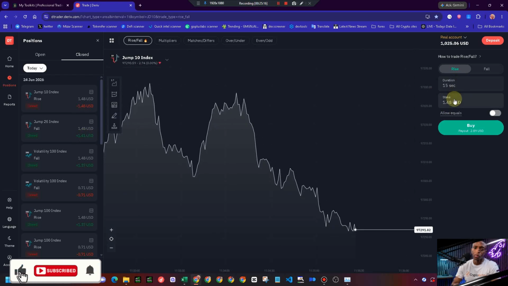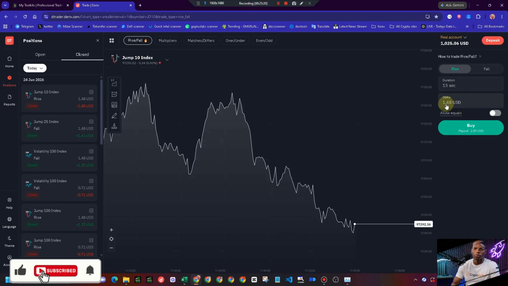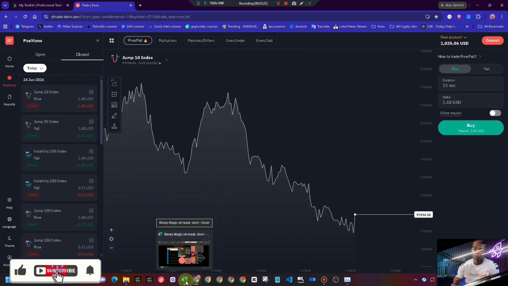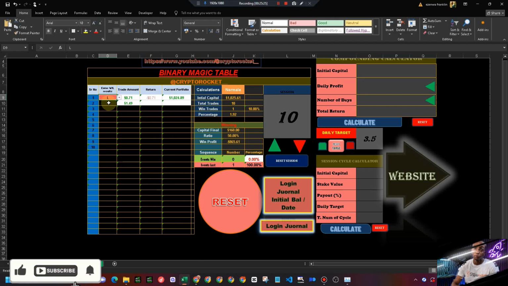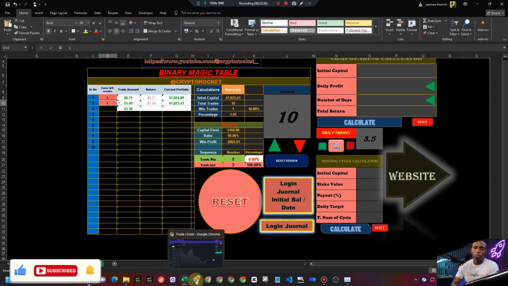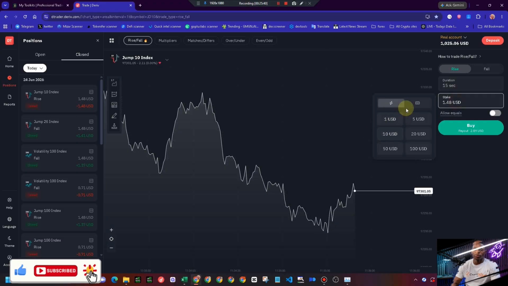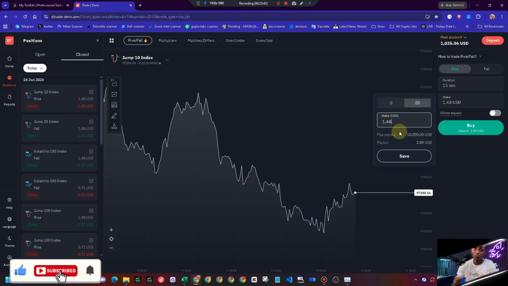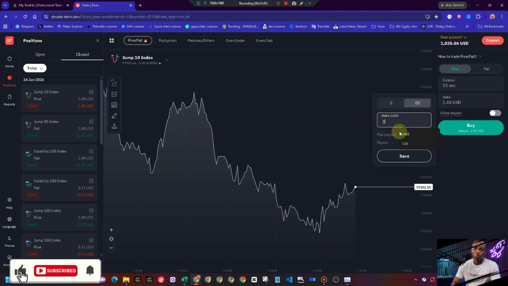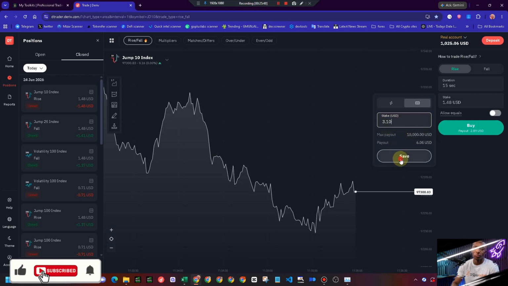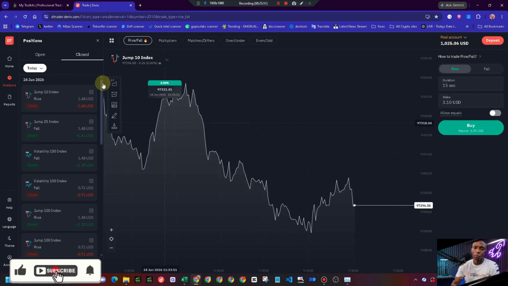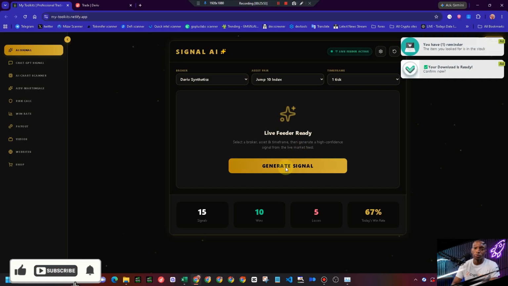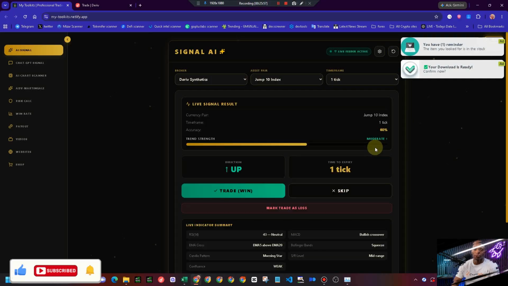After I win one, I'm supposed to change it to 0.71, and I made the mistake. All right, so let's assume I lost this one, and I will enter 3.10, but the balance will really change a lot.